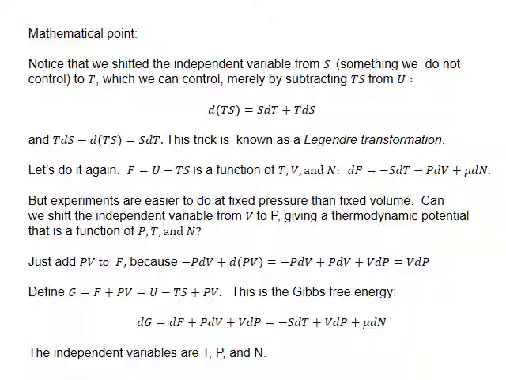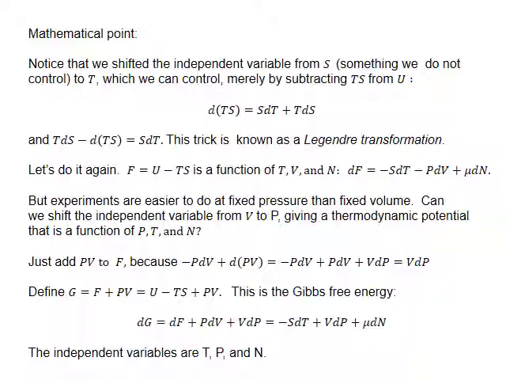Let's do it again. So F is U minus TS, a function of T, V, and N. As I just proudly pointed out, the independent variable here is now T and not S, and this helps us a lot. On the other hand, volume, although it's something we can easily measure and in principle control, it's more often the case, particularly in chemistry, that we'd like to do experiments at constant pressure.